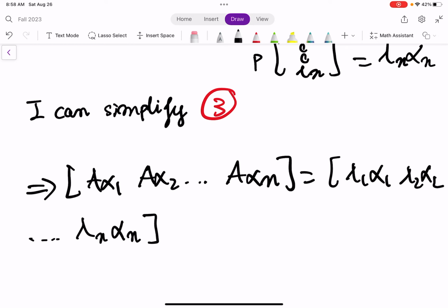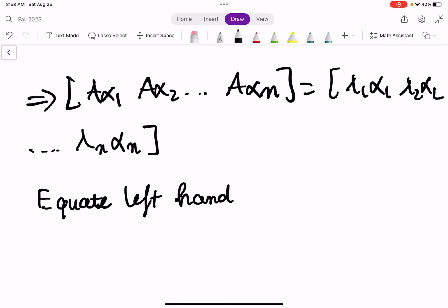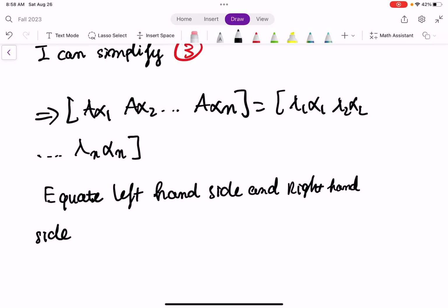And if you equate the left-hand side and the right-hand side, they have to be equal, right? So you can equate them.